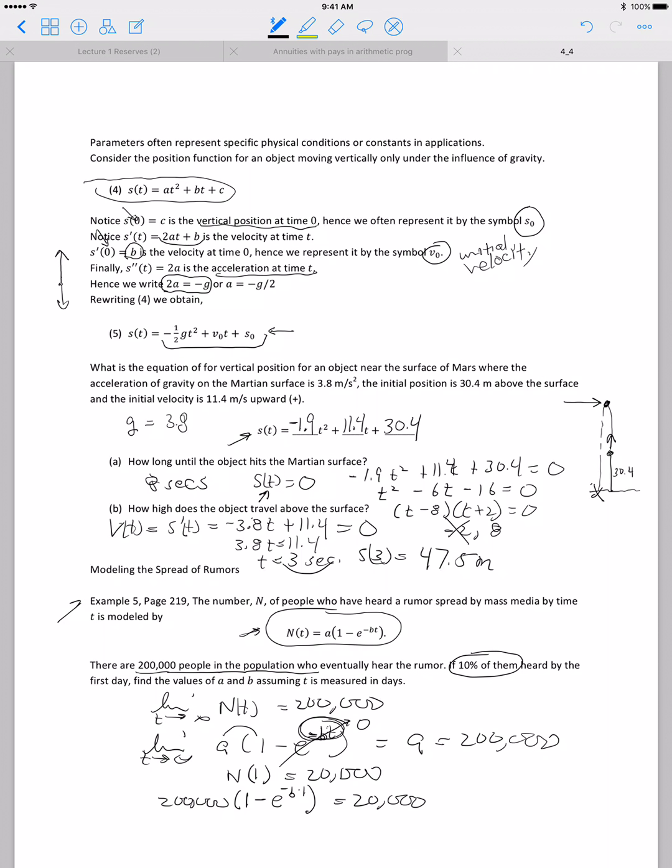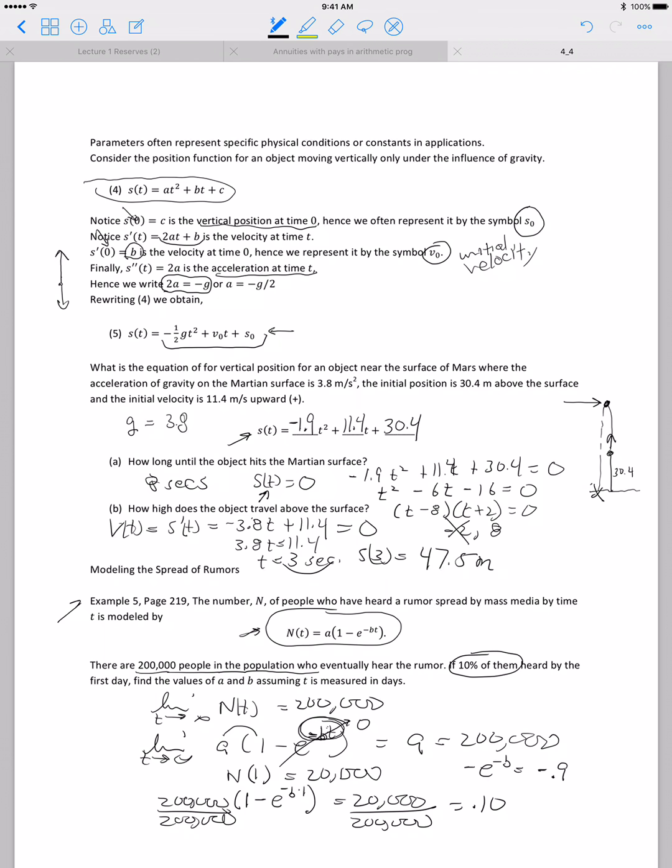So now I just have an algebraic equation where b is my unknown. So I divide both sides by 200,000, and I subtract 1 to the other side, and so that will give me negative 9/10. So I'm going to have negative e to the minus b is equal to negative 0.9.